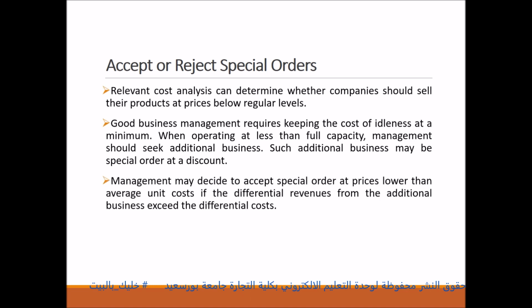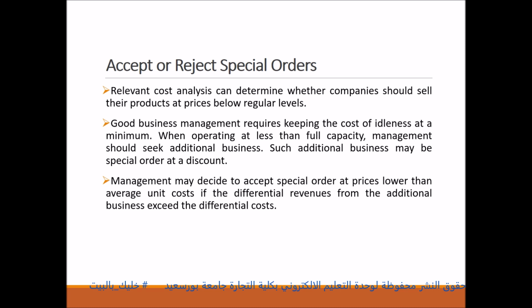Relevant cost analysis can also be implemented to make decisions regarding accepting or rejecting special orders. Relevant cost analysis can determine whether companies should sell their product at prices below regular levels or even below unit cost. When operating at less than full capacity, management should seek additional business.